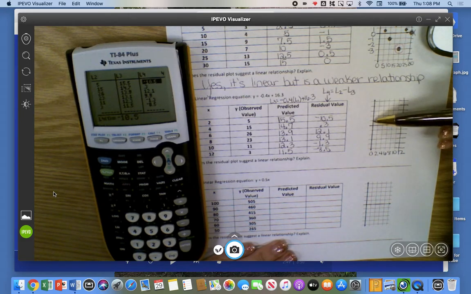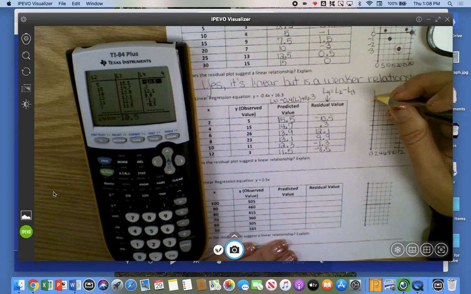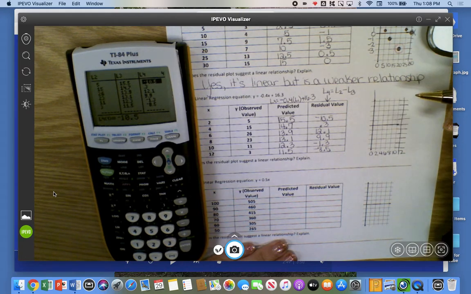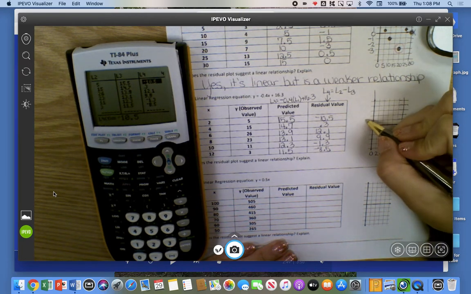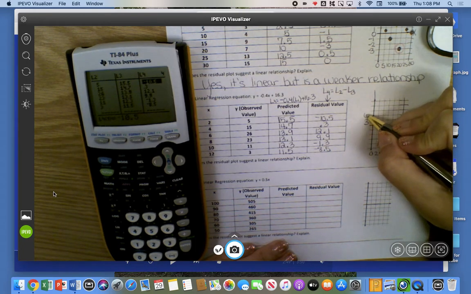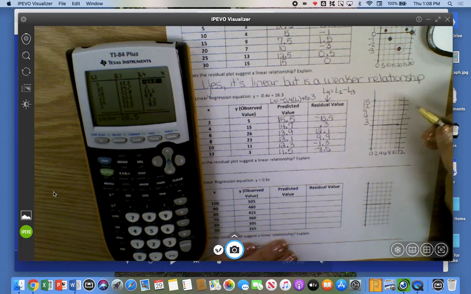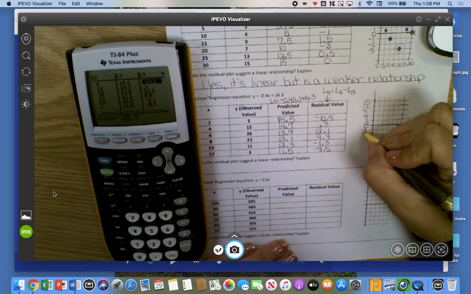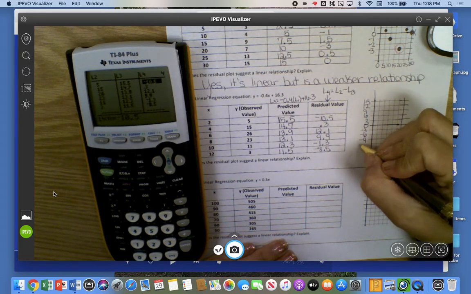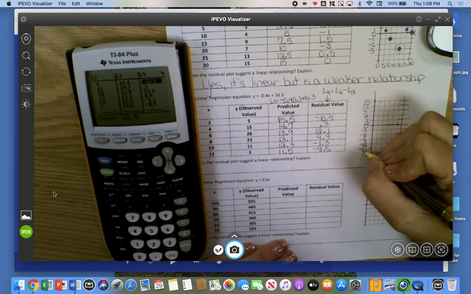Let's count by 3s: 3, 6, 9, 12, 15. That's 0, negative 3, negative 6, negative 9, negative 12, and negative 15.